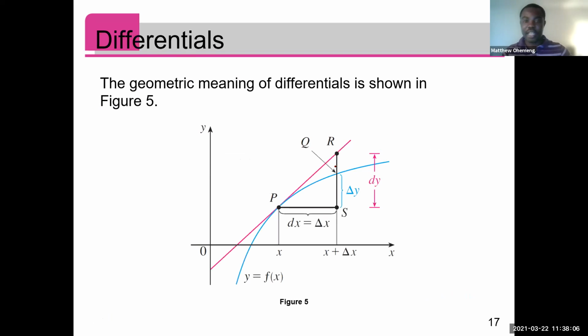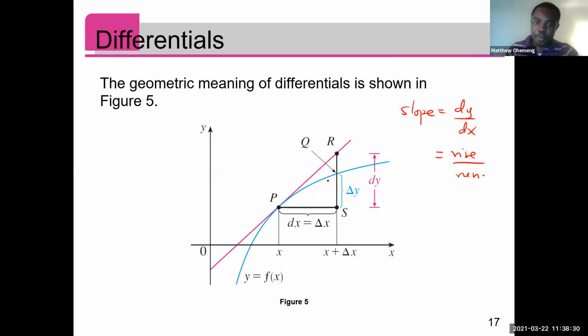So let's look at the ideas from here. Recall that we said the slope of the tangent line is given by the derivative. So more or less, it's as if the slope of the tangent line is dy over dx, evaluated at a point. Now, the slope of any line is given by rise over run. Suppose you have the blue curve here.